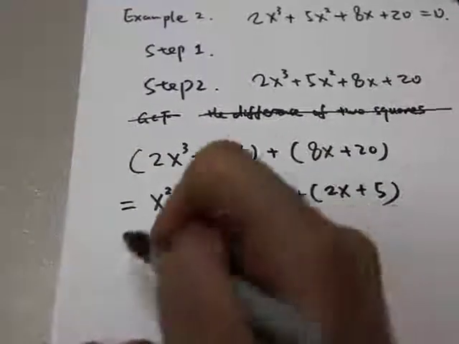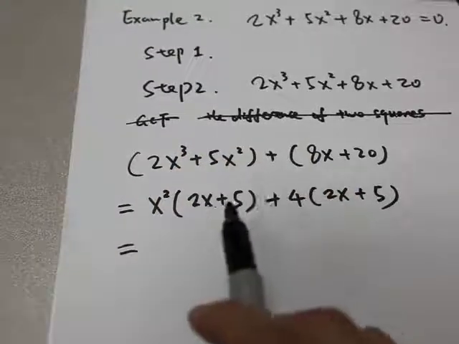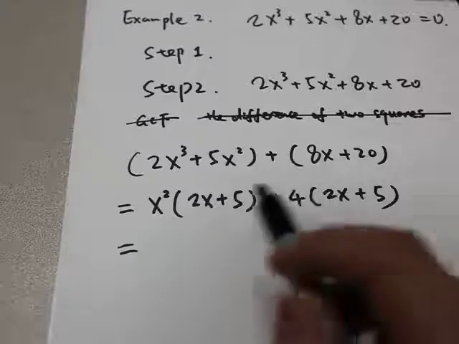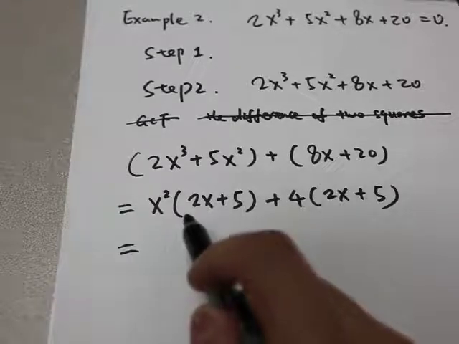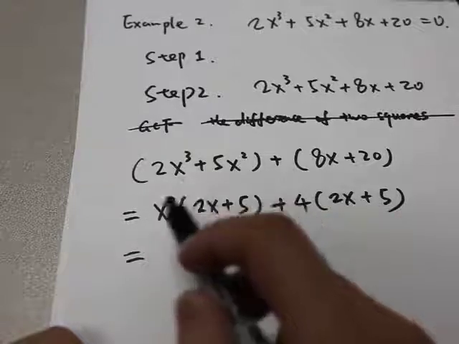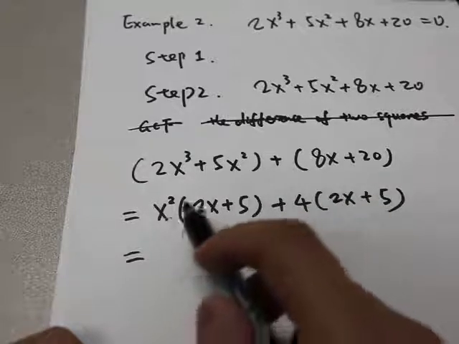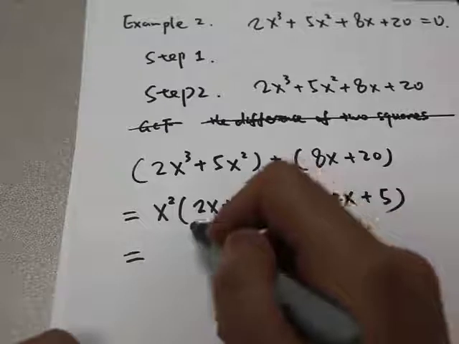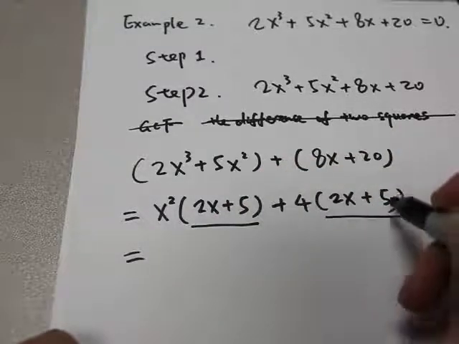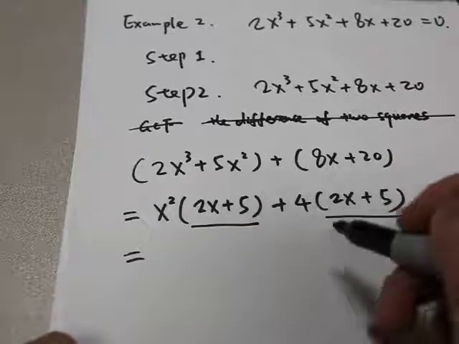Okay. And remember, how do we check if we are doing it right? We are supposed to have the same thing in the 2 parentheses after we factor out the common factor from each group. So there is a 2x plus 5, and this is a 2x plus 5. Okay, that's right. So we can continue.